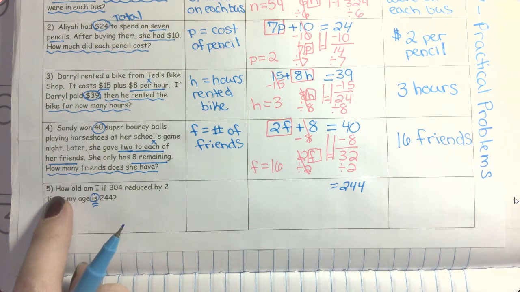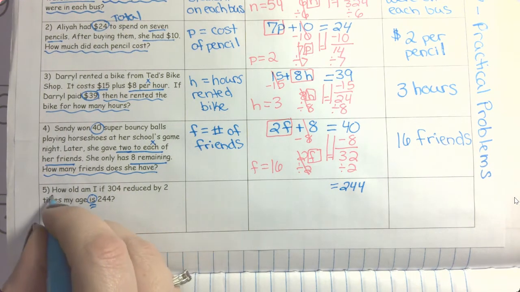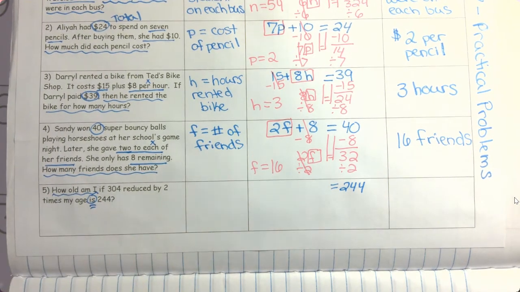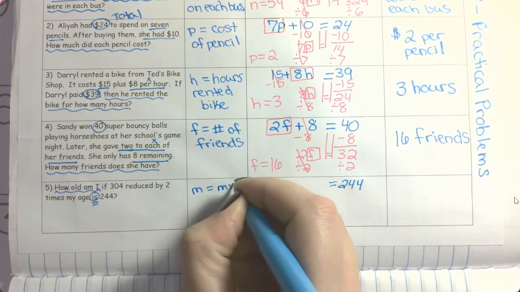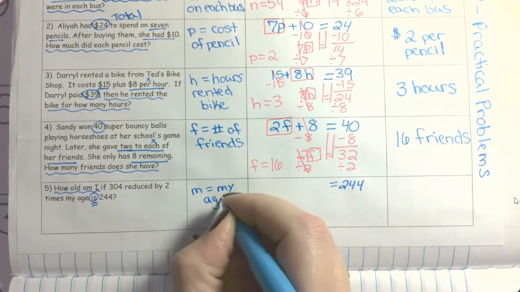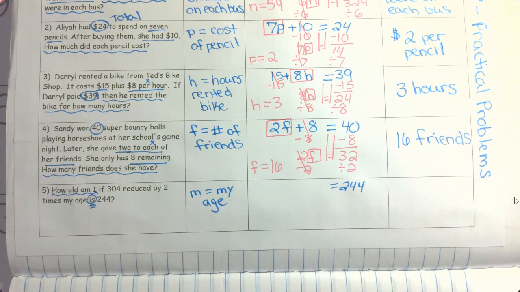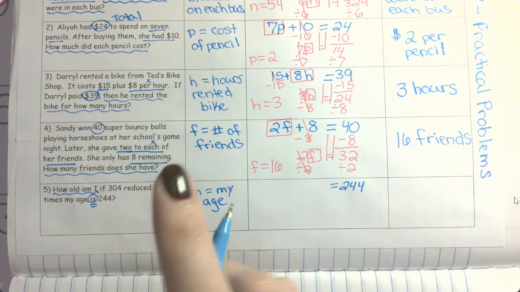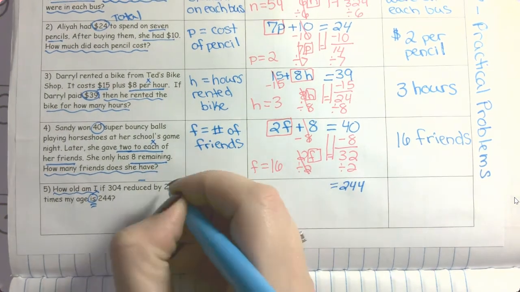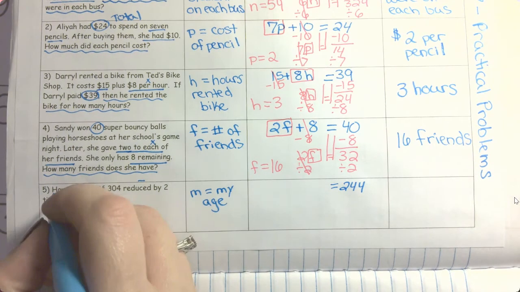So it asks, how old am I? That's essentially what I'm solving for. Instead of it being at the end, it's at the beginning of our question here. So I'm going to use m for my age, for my variable. So if I look at this, basically the way that it's written, I have 304 reduced by means subtraction, and 2 times means multiplication.